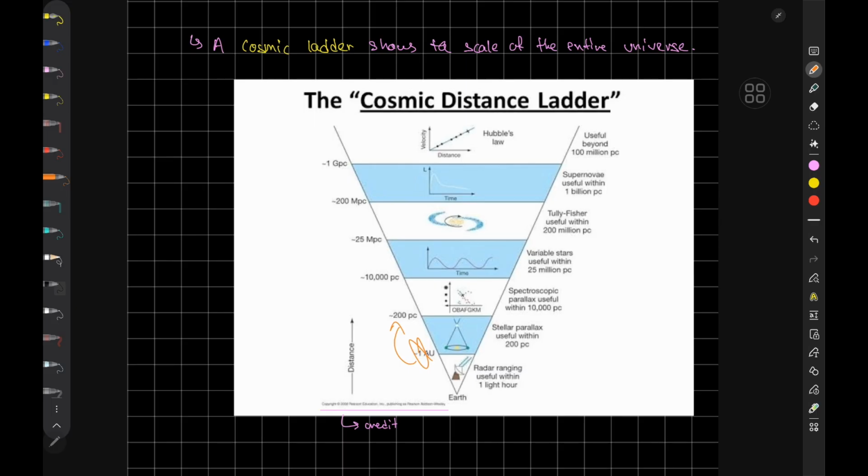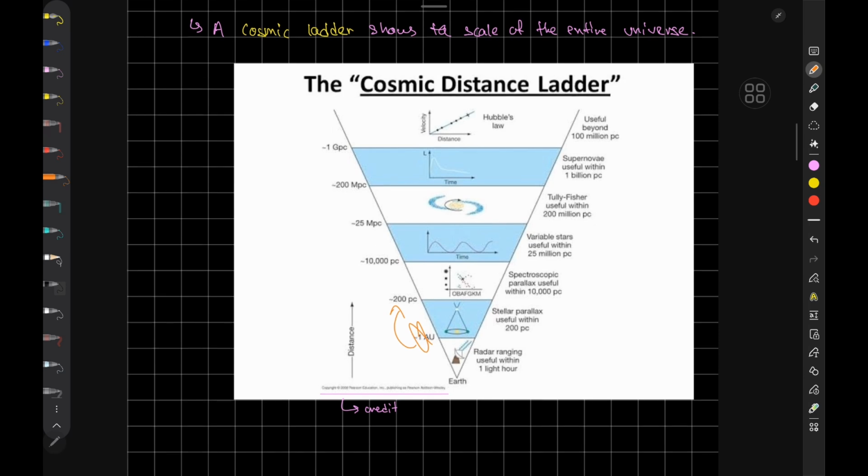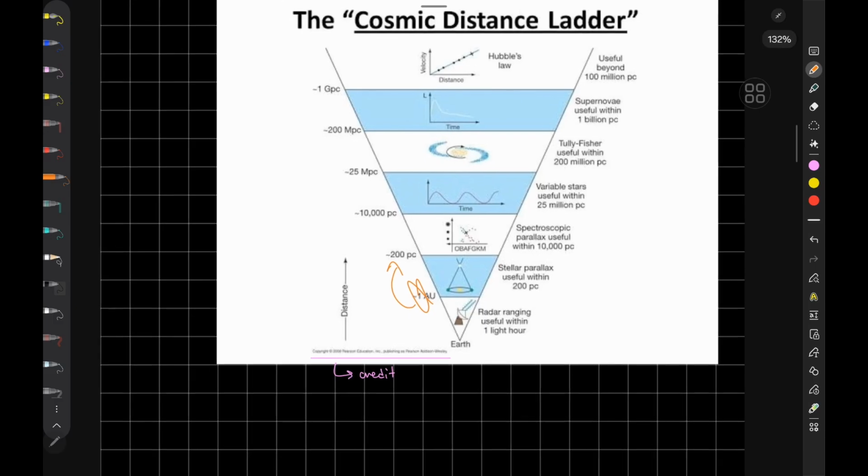When you're talking about distances which are so vast in the universe, we have our own units for classifying them. Whenever anything is within 1 light hour, we have a lot of radars which allow us to collect information.